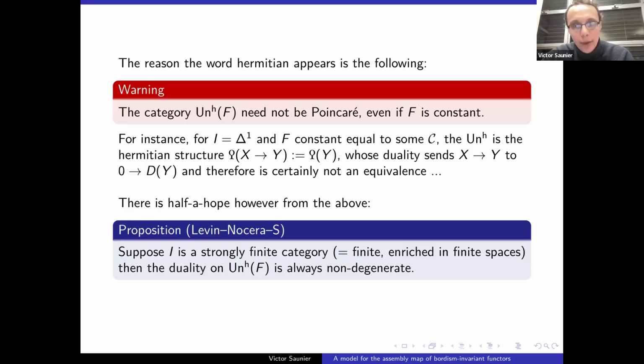So what we prove in the paper with Jordan and Guglielmo is: if you have a strongly finite category, so it's finite as a category, obtained by push-outs and co-products out of star and delta 1, but we also want it to be enriched in finite spaces, so really a categorification of finite things, then the duality on this Hermitian oplax colimit is always non-degenerate. It always only lands in C and not necessarily in end of C.